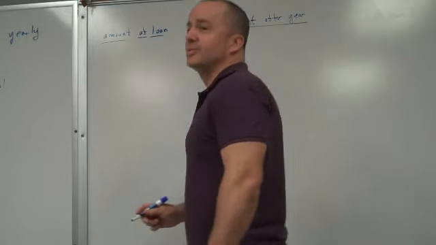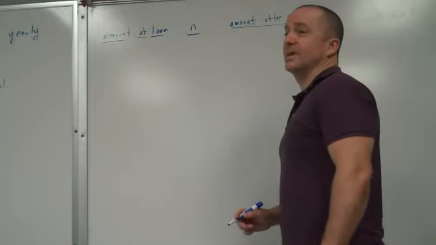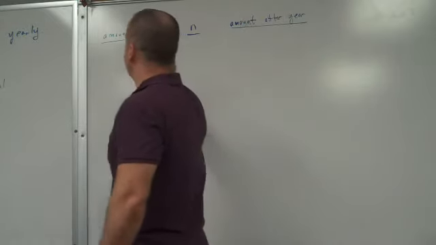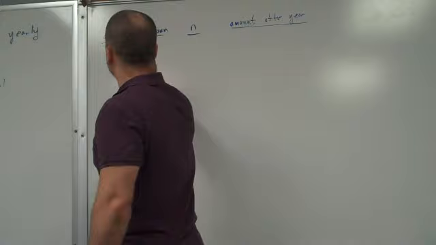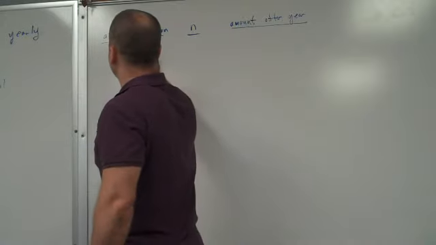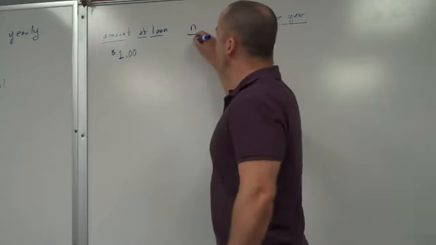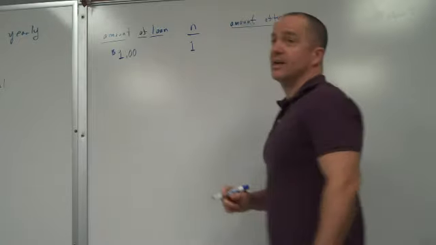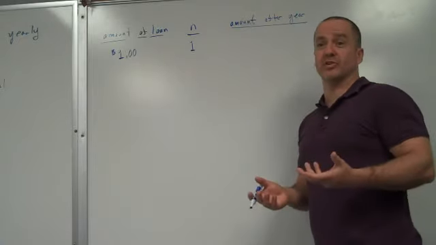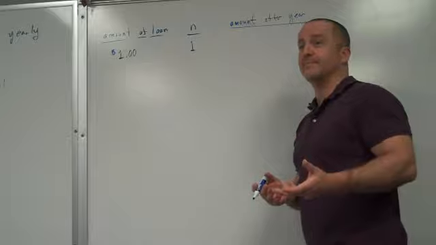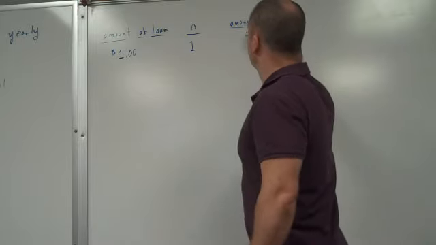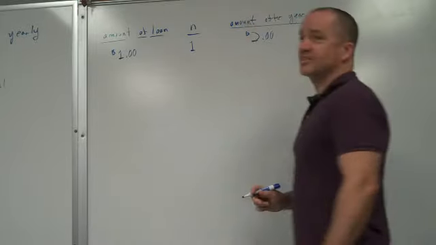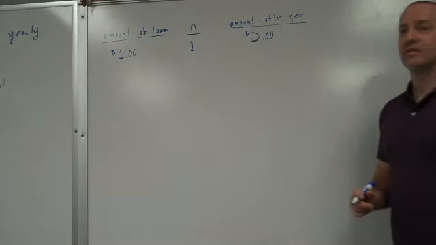So, the simple situation, guys, pay attention up here. If the amount of loan is $1, and this is at our 100% interest, and it is compounded once, compounded once is the same thing as simple interest. We're figuring the interest once a year. Then you're going to get $2 back. It's nice and simple.